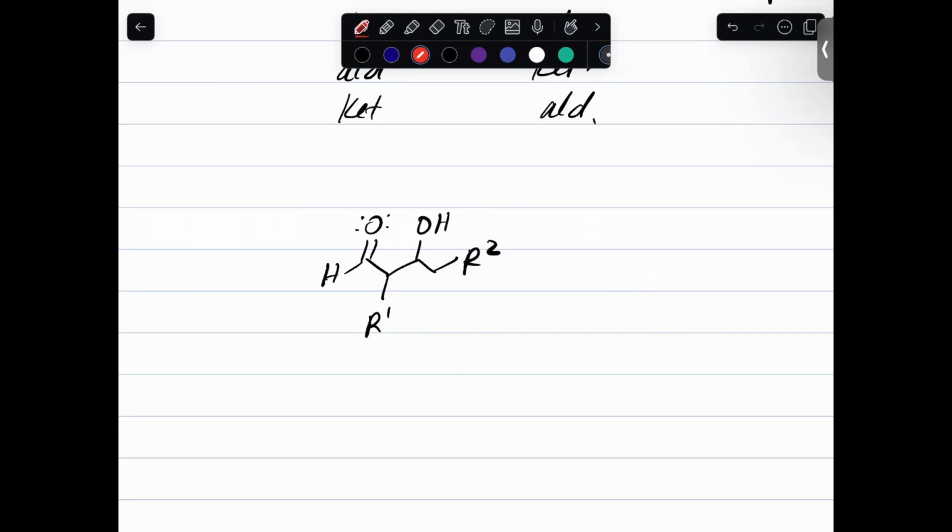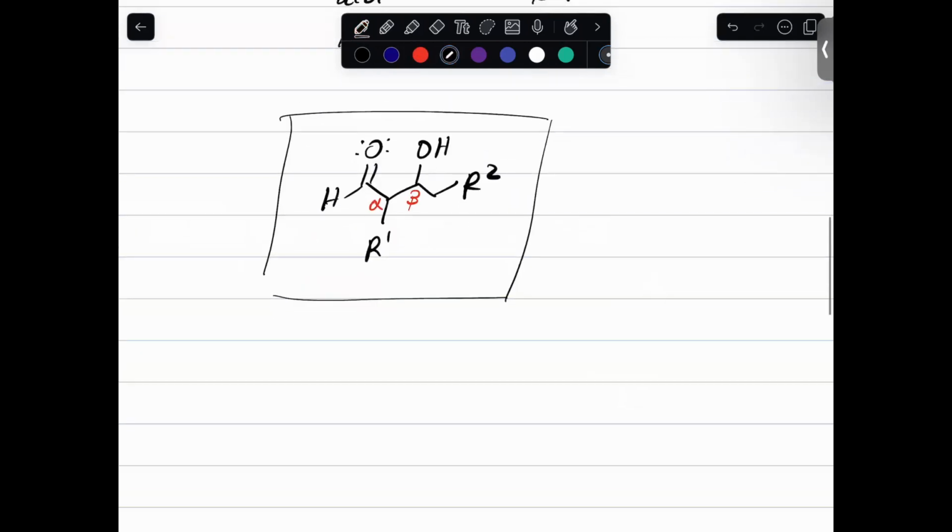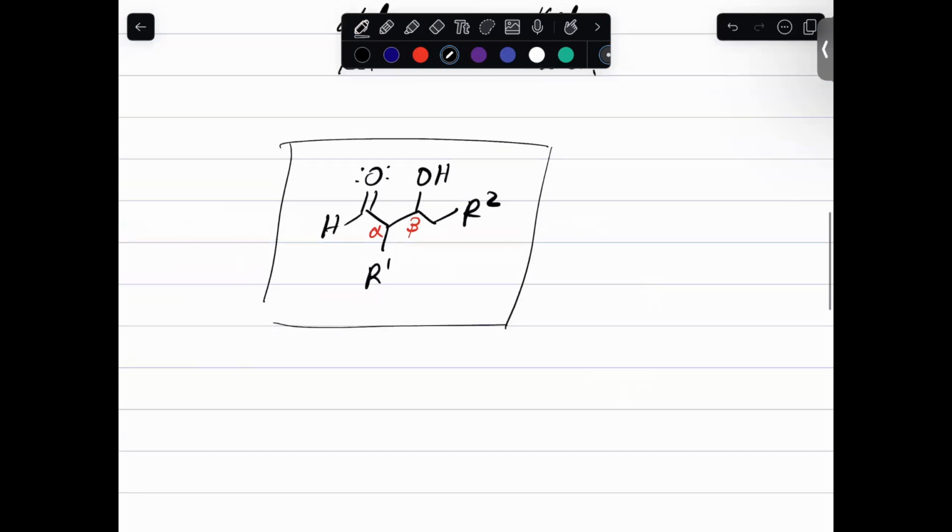So let me again label alpha, beta. So this is my final product. Now, here's the thing. In Chem 124, we just tell you aldehyde, ketone, beta hydroxycarbonyl compound. We don't talk about Z-enolate. We don't talk about E-enolate. And we definitely do not talk about the fact that you are forming two stereocenters.